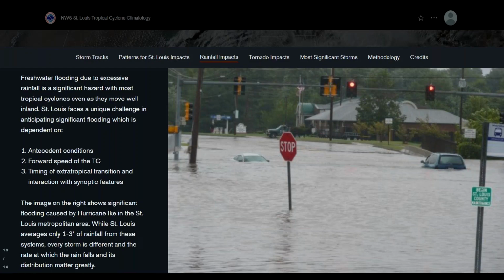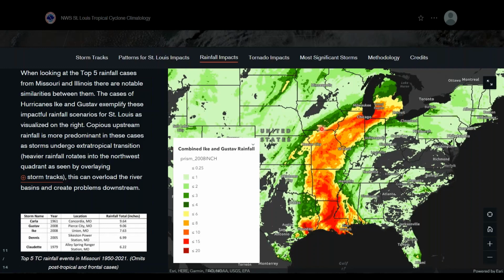So moving forward, I wanted to help visualize how these storms move that amount of rainfall well inland. So this is visualized with the most impactful case that we looked at, which was Hurricane Ike and Gustav of 2008.